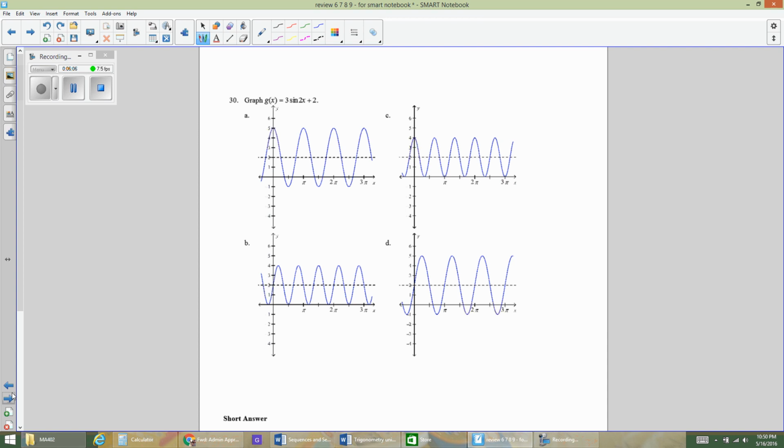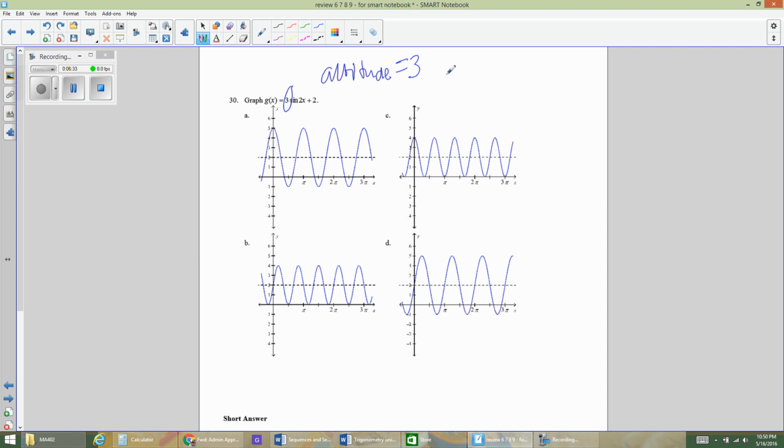Okay, last one's here. It says graph. Okay, so the nice thing is it's multiple choice. Let's see if we can find our altitude. Is this number right out front? It should be a 3.